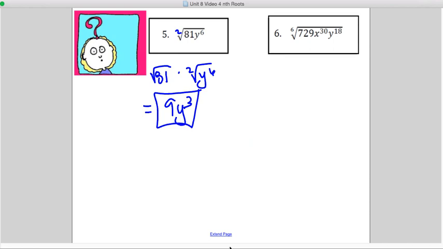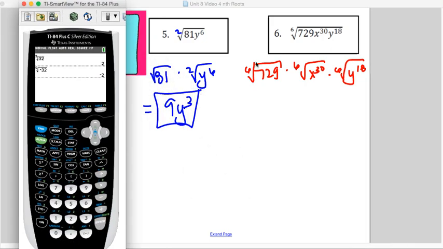Number 6. We need to go ahead and break this down apart. So we have the 6th root of 729 times the 6th root of x to the 30th times the 6th root of y to the 18th. Okay. I don't know the 6th root of 729, so I'm going to do it on my calculator.